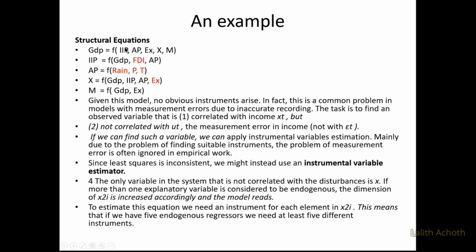So I need to find a variable which is not correlated with the error term. That is, I should find another variable for this. I cannot use the index of industrial production directly, neither can I use agricultural production directly. So I have to find an instrumental variable. If we can find a suitable variable, we can apply instrumental variable estimation. Mainly due to the problem of finding a suitable instrument, the problem of measurement error is often ignored in empirical work.